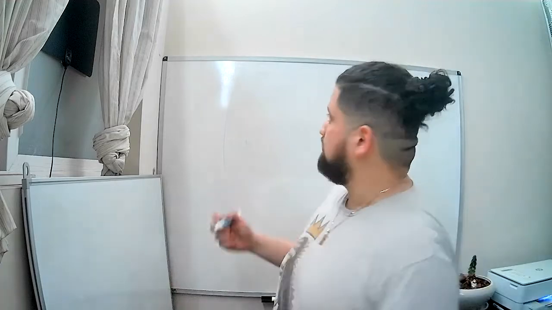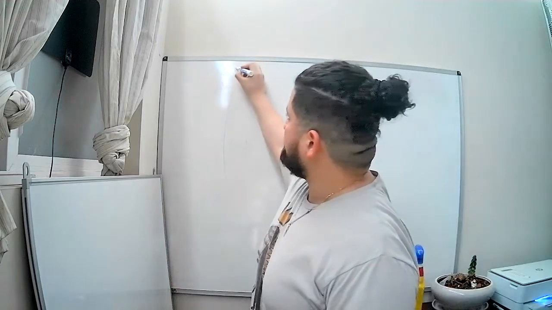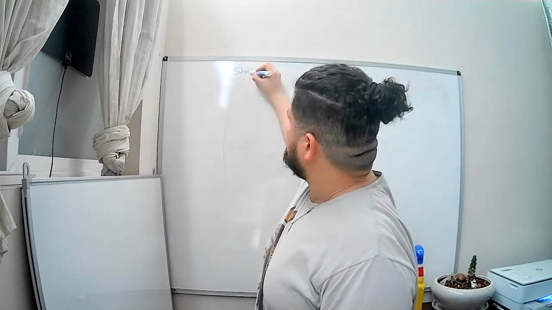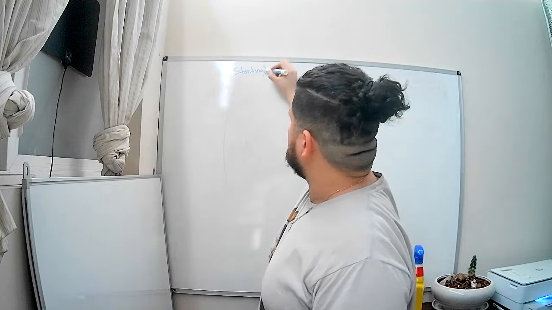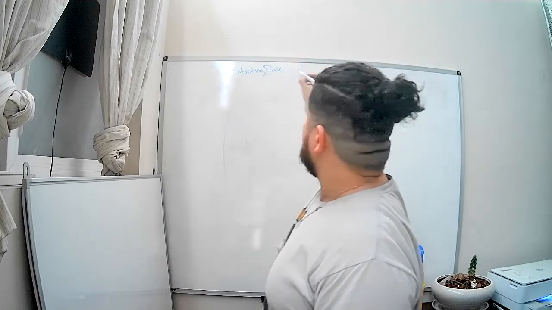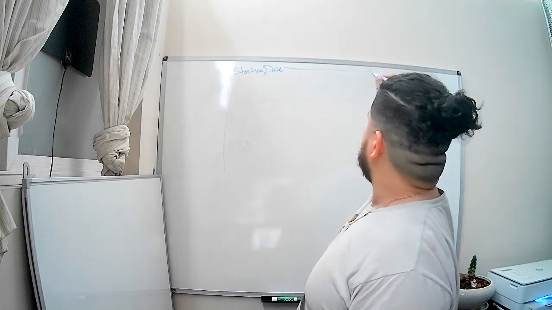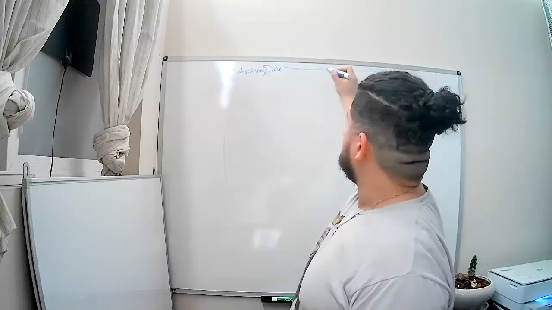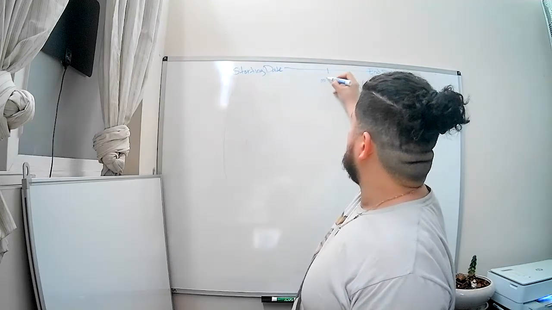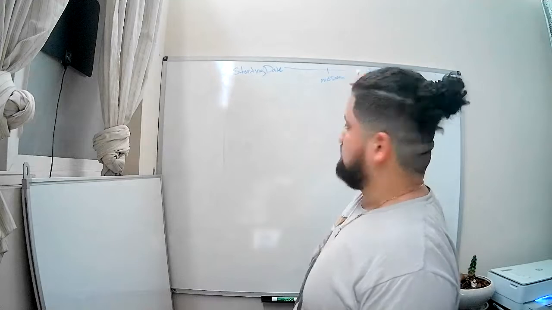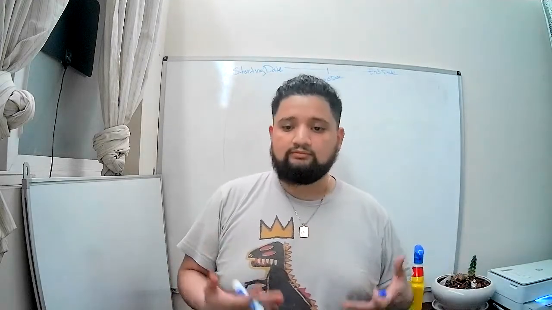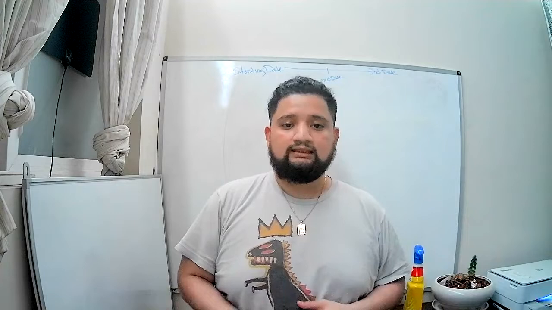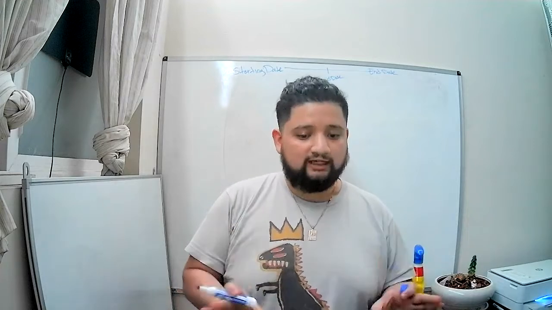What do we know? We know that we have a starting date and we have an end date. And our goal is to find the mid date. Now, without even thinking about time, calendar, days, let's just think of it as absolute values.